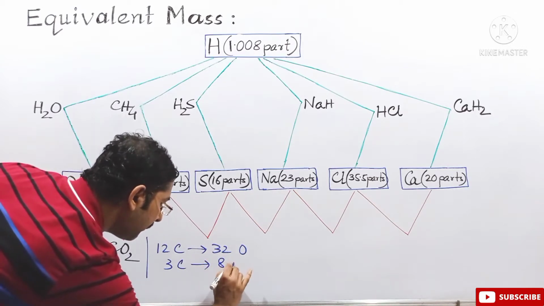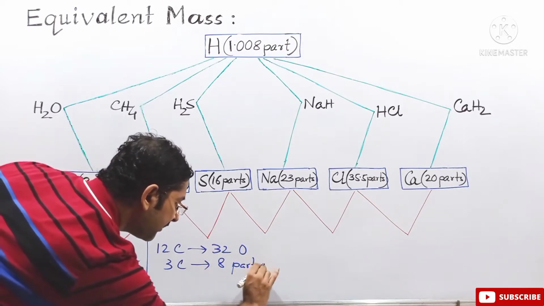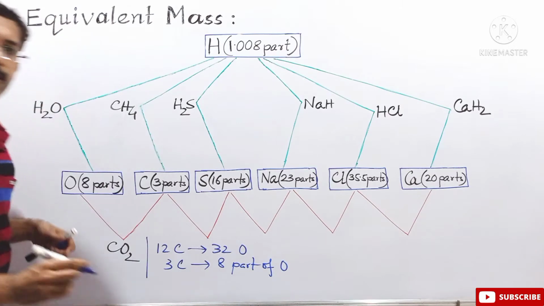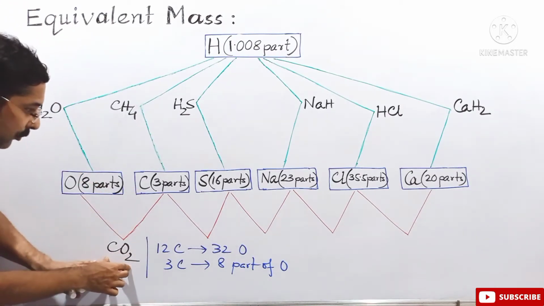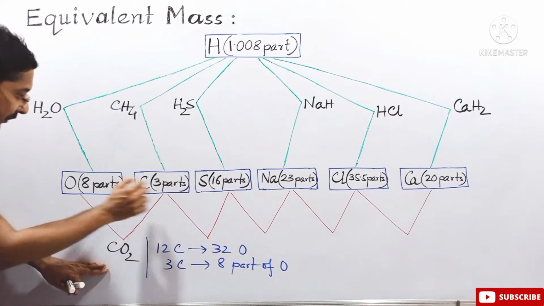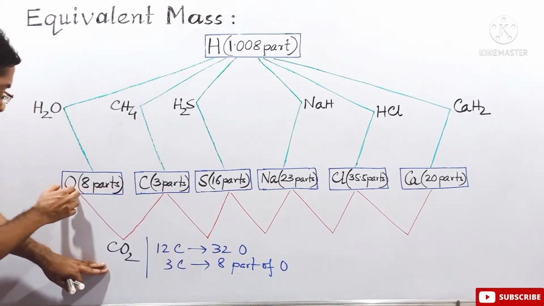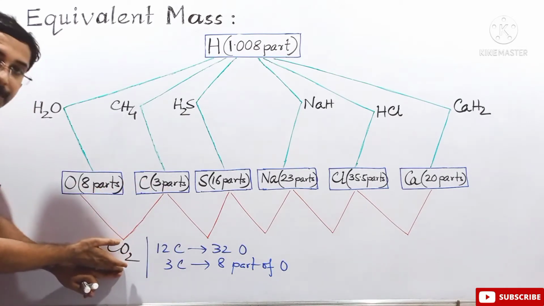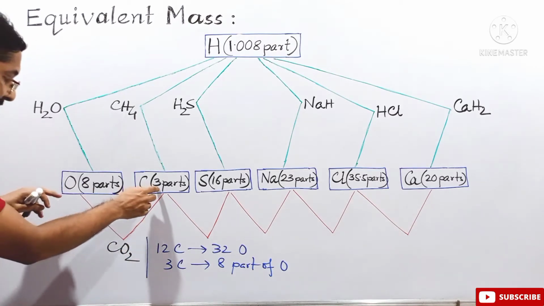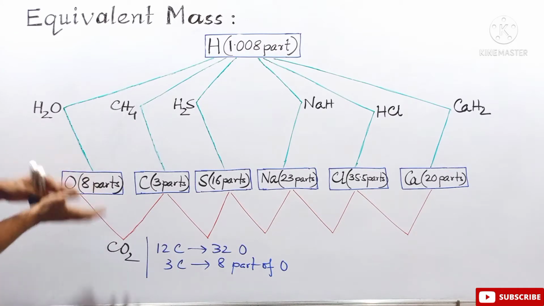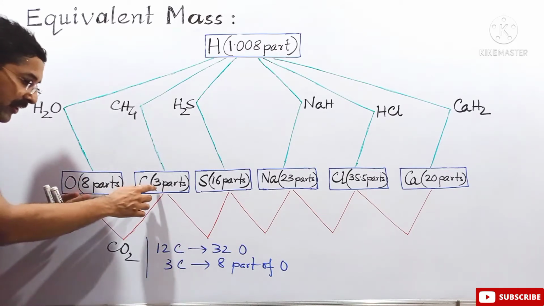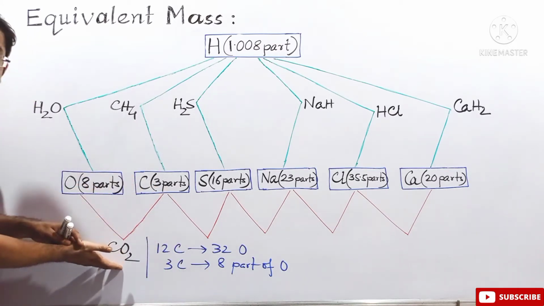This is 8 parts of oxygen, right? Okay, so look here. To form the carbon dioxide molecule, 3 parts of carbon combine with 8 parts of oxygen. So this is a 3:8 ratio. Carbon and oxygen combine together in the ratio of 3:8 to form carbon dioxide.